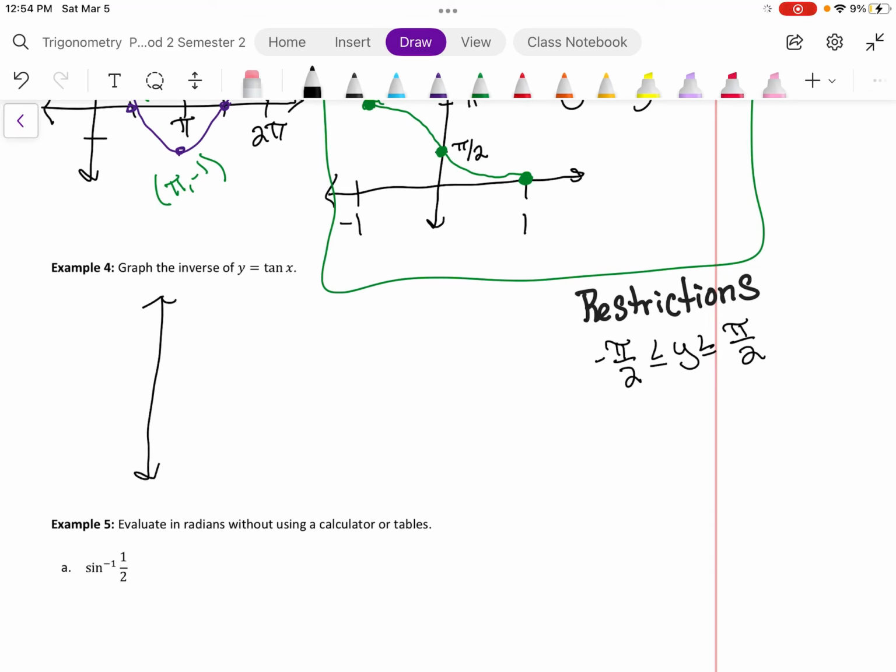If we were to quickly draw our tangent function, one cycle of that goes from negative pi over 2 to pi over 2, and that's where our asymptotes are. And then it goes through negative pi over 4, negative 1, 0, 0, and then pi over 4, 1.